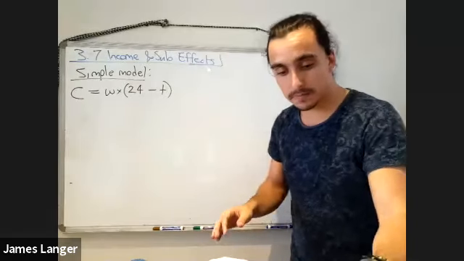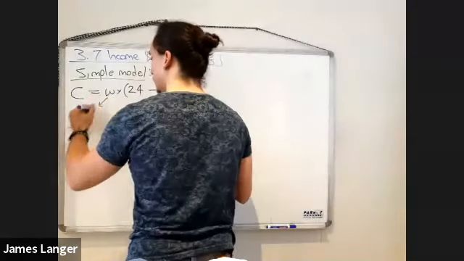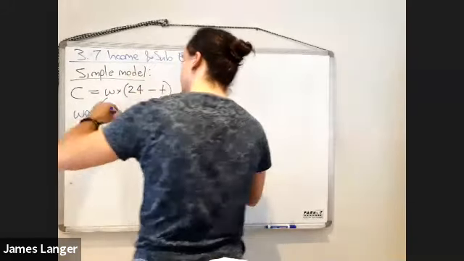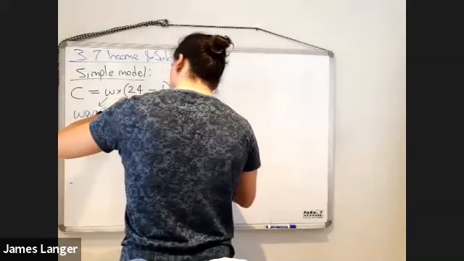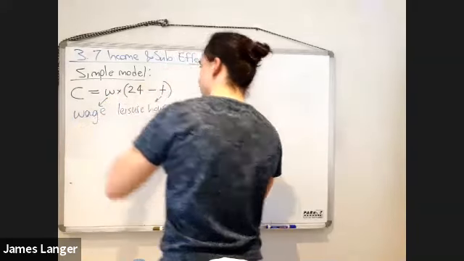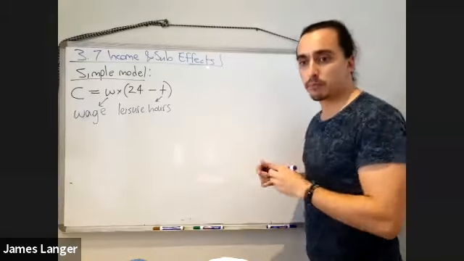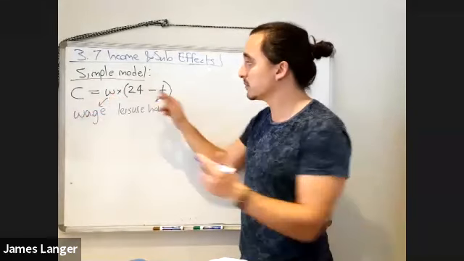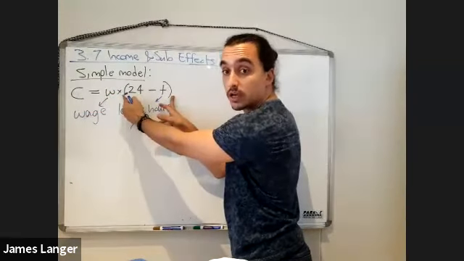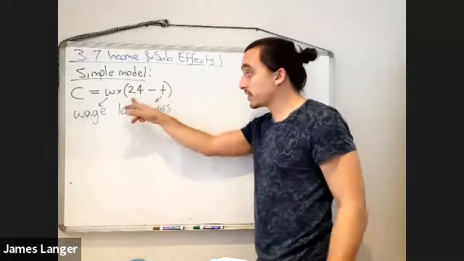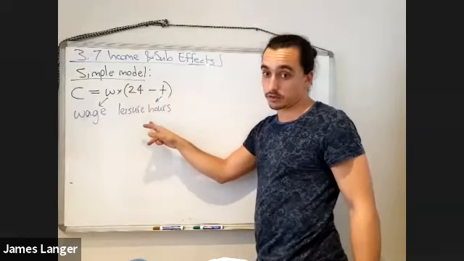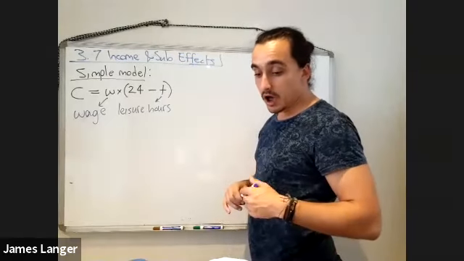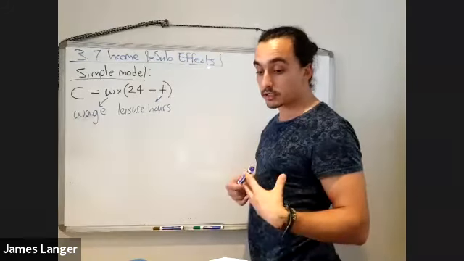So W equals the wage rate and T equals leisure hours, all right? So in the simple model, consumption equals my wage rate times working hours, and working hours are equal to 24 minus the leisure hours. Cool. So it's a simple model where we're going to keep the wage rate constant.